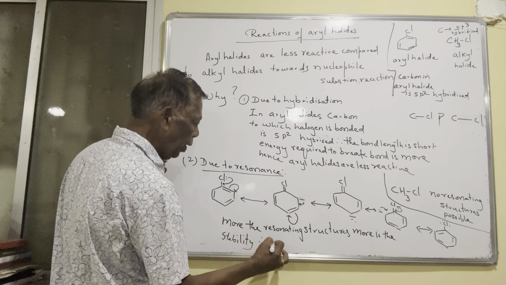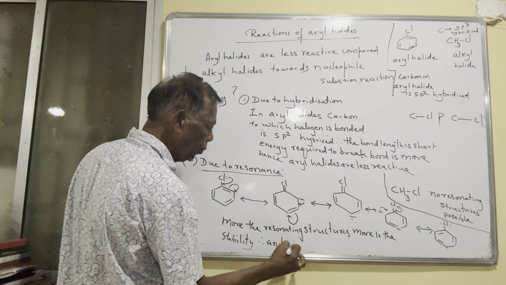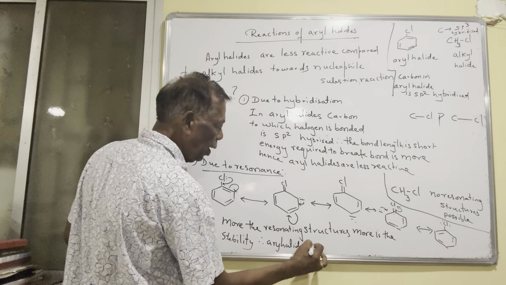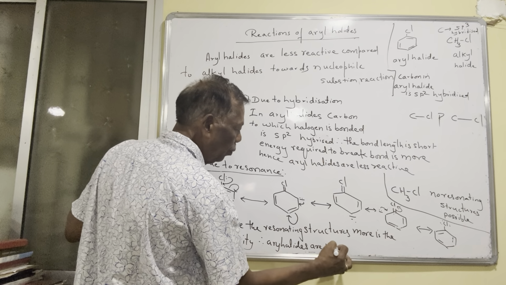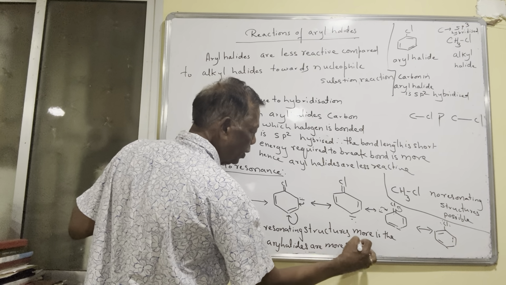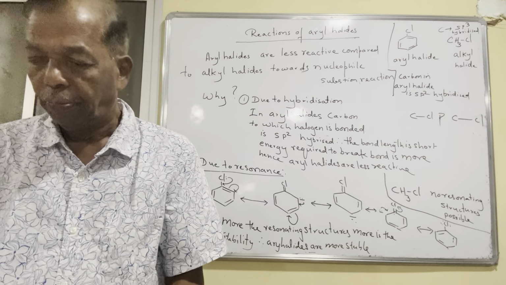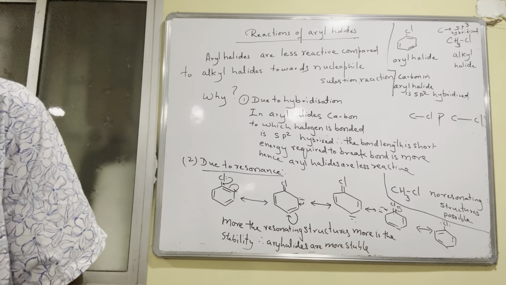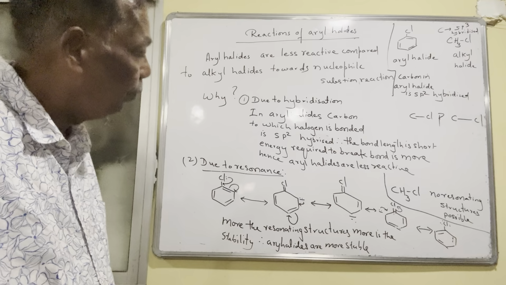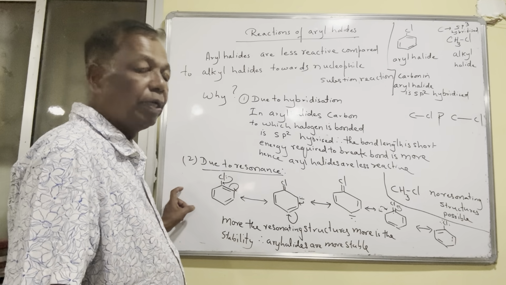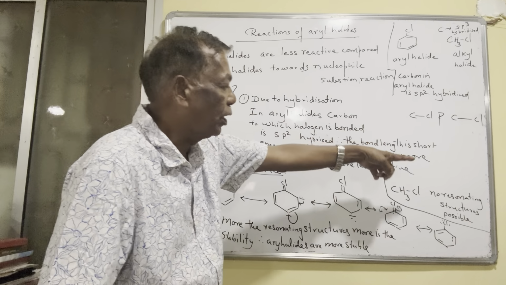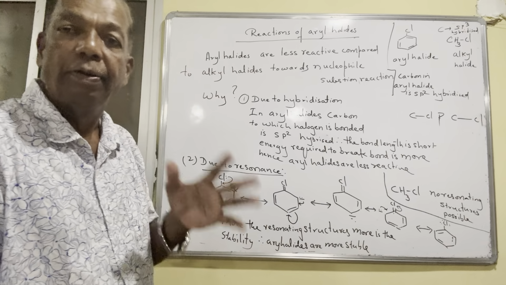Therefore, aryl halides are more stable compared to alkyl halides. Aryl halides are more stable compared to what? Alkyl halides. And therefore alkyl halides are more reactive, whereas aryl halides are less reactive.